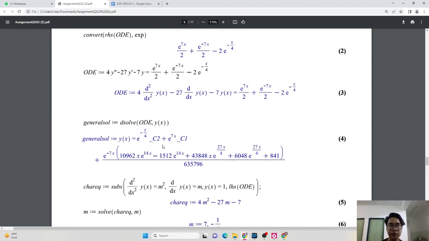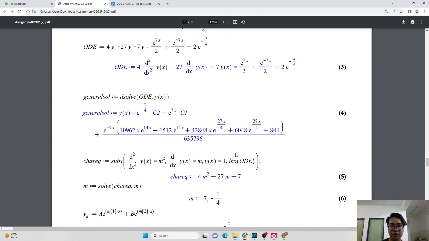C2 plus exponent power of 7x C1 plus exponent power of negative 7x bracket 10962 x exponent power of 40x negative 1512 exponent power of 14x plus 43x 848 x exponent power of 27x over 4 plus 6048 exponent power of 27x over 4 plus 841 bracket and over 635796.